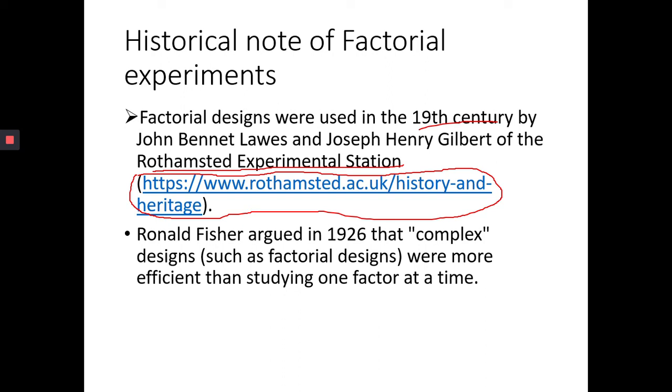There is one key important aspect regarding Rothamsted. This is where Ronald Aylmer Fisher also worked. I'm sure this is not a new name to you. He worked there for quite a long time, a great statistician.